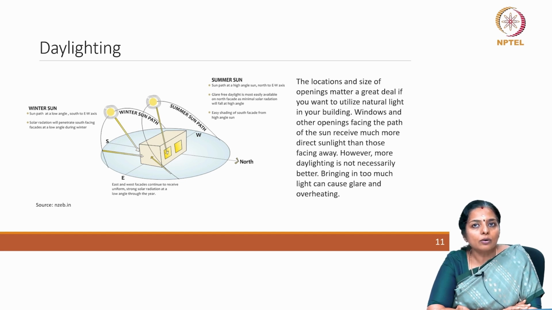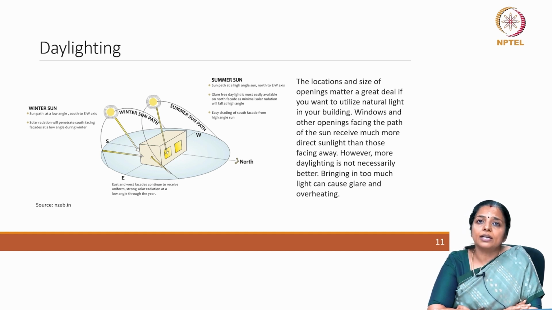Windows and other openings facing the path of the sun receive much more direct sunlight than those facing away. However, more daylighting is not necessarily better. Bringing in too much light can cause glare and overheating.